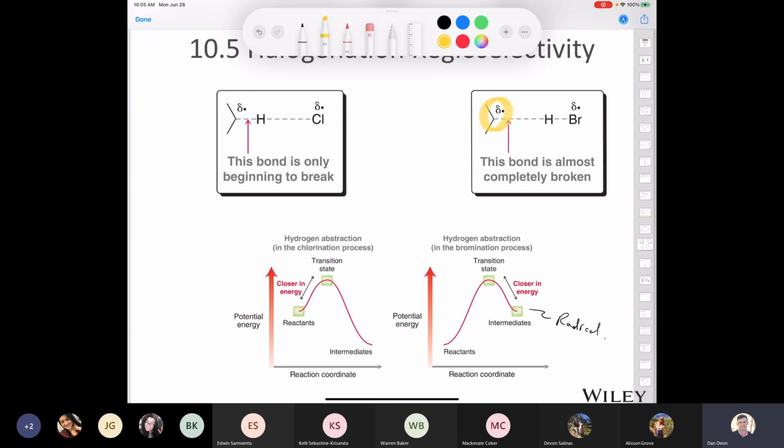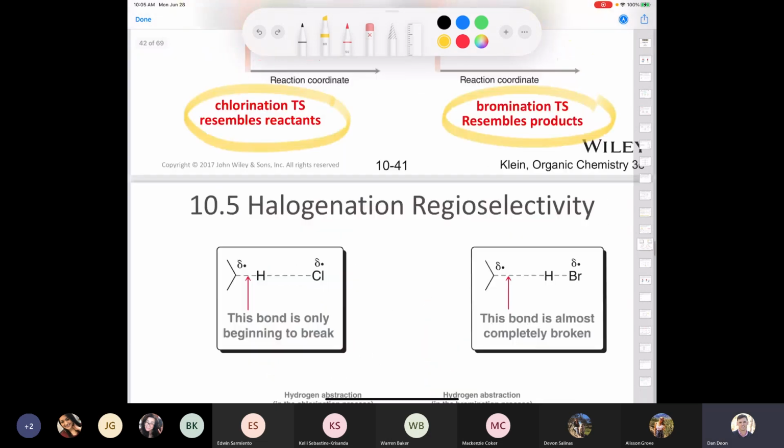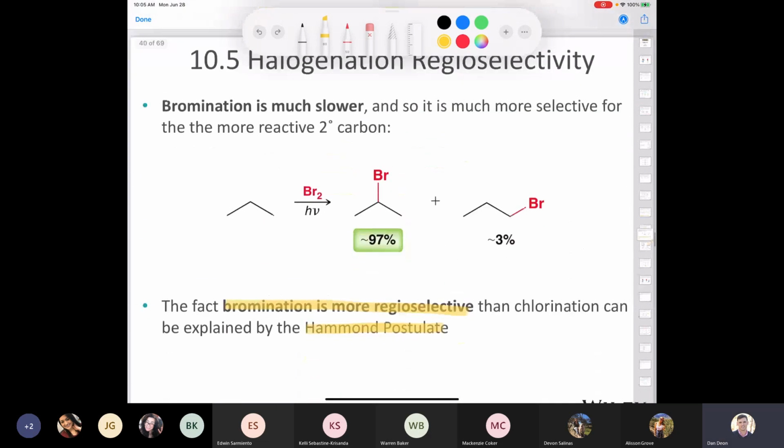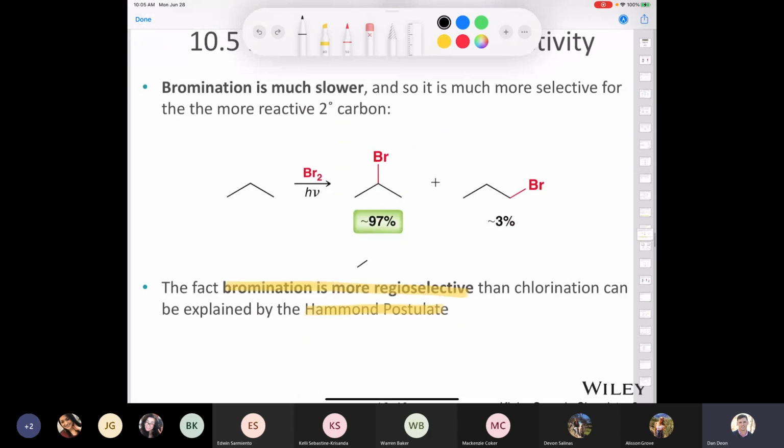Well, what do we know about the stability of radicals? If the transition state much more closely resembles an actual radical for bromination, it's going to be much more affected by the stability of a radical, isn't it? Now, if you compare the stability of a secondary radical versus a primary radical, we know that a secondary is more stable.